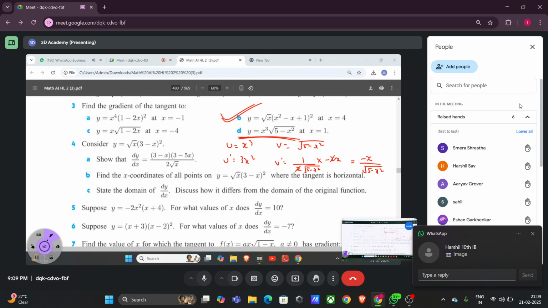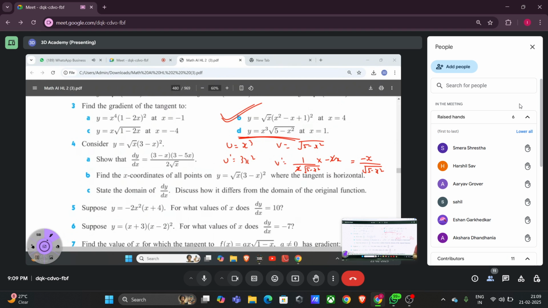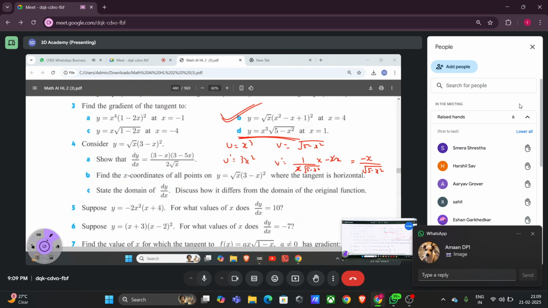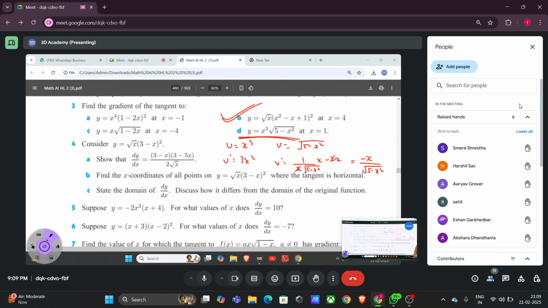Akshara, did you understand or not? Harshil, you got v dash wrong. The differentiation of x² − x will be 2x − 1, right? Yes.